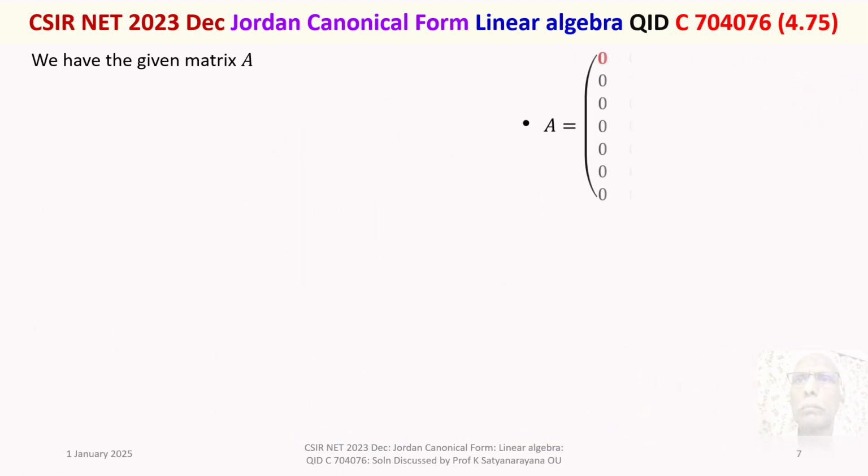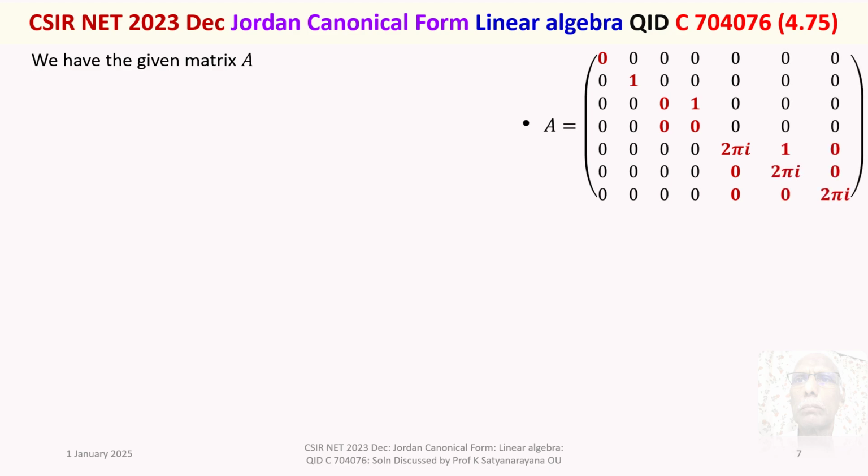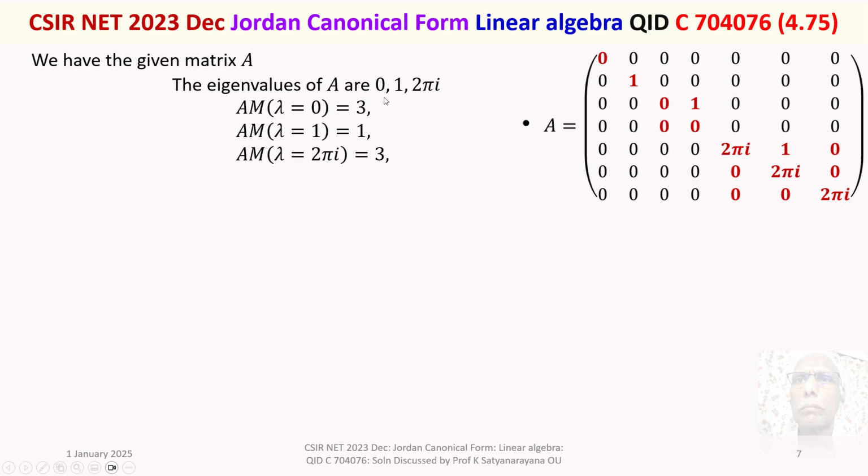So that is our matrix, and the eigenvalues are 0, 1, 2 pi i, and their algebraic multiplicities are noted. Now we can write the Jordan canonical form of the matrix A, and that is shown here.